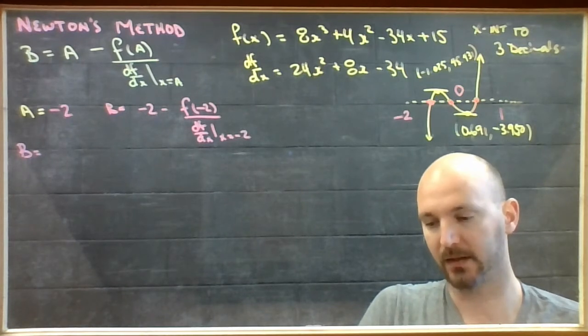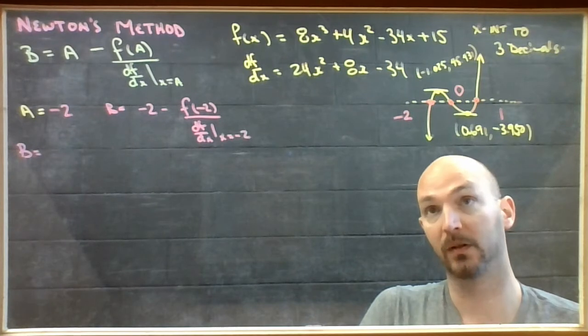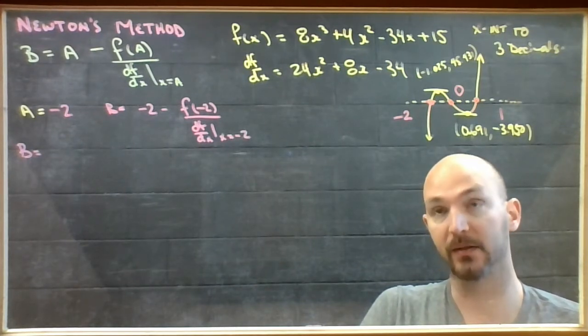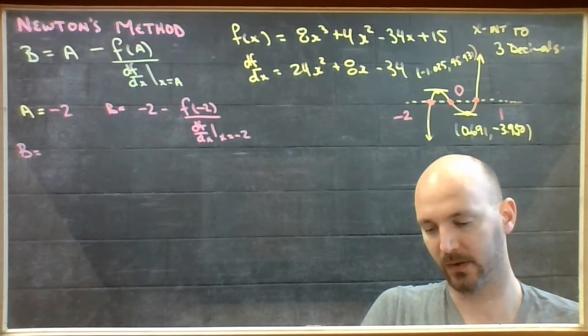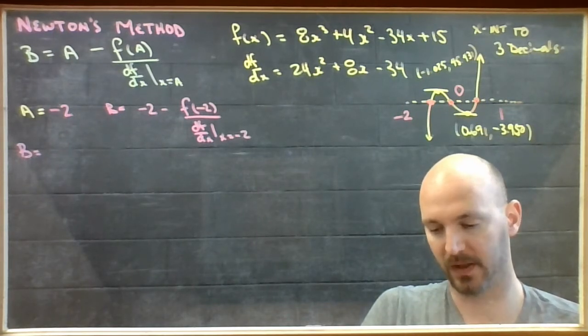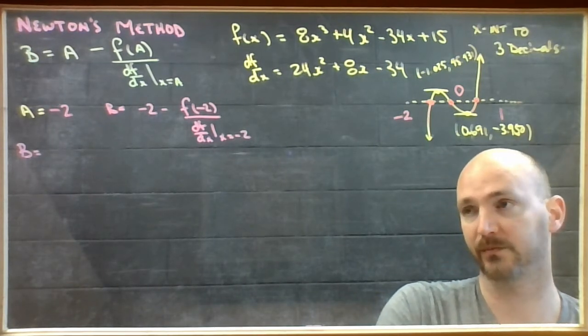That will be 8 times my answer cubed plus 4 times my answer squared minus 34 times -2 plus 15, which gives me 35.